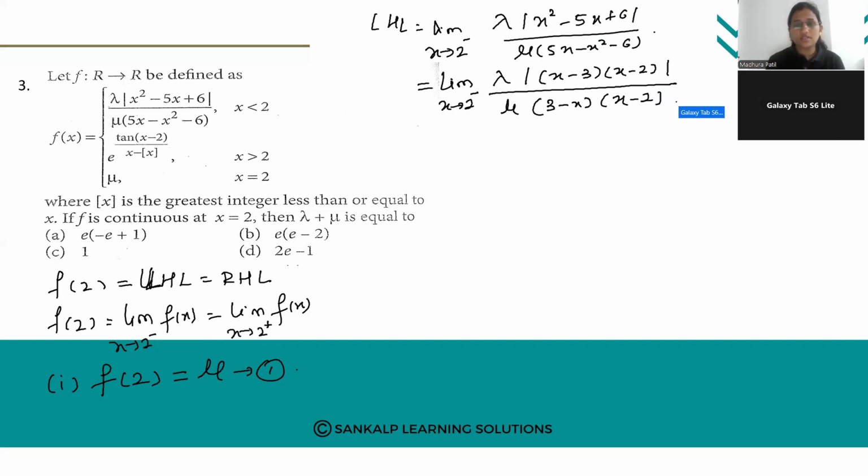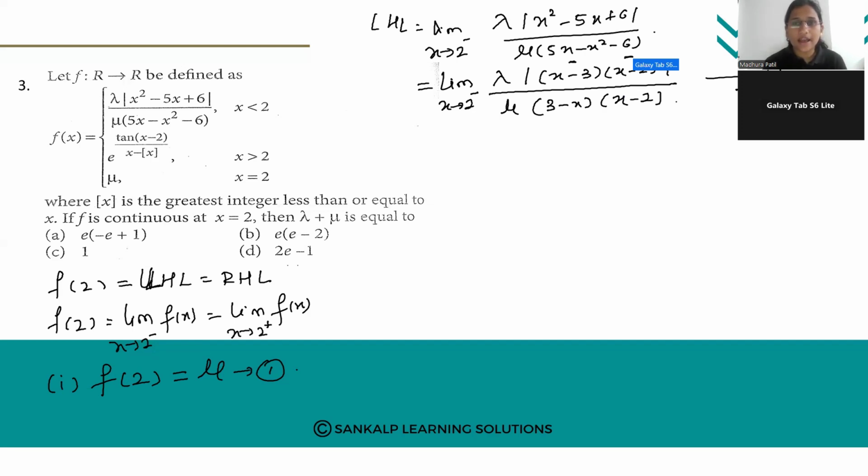Now, x is approaching 2 from the left hand side on the real line, that is, from values which are less than 2. If I take values less than 2, x minus 3 will be negative and x minus 2 will be negative, correct?